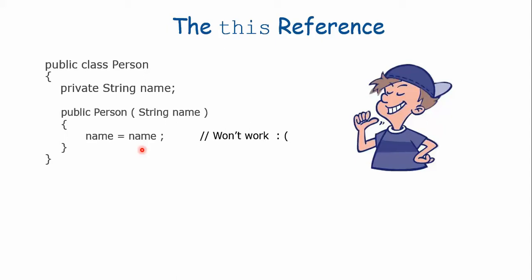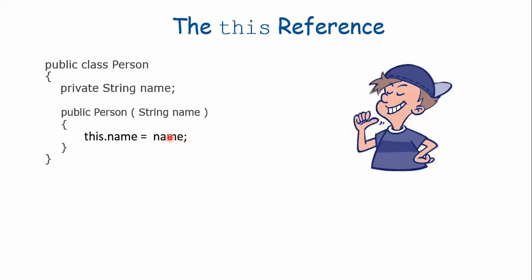So to solve this, we can use the this reference. We can write something like this dot name equal to name. Here, using the this reference variable tells us as well as the compiler very clearly that this name variable is an instance variable of this object, that is the current object.